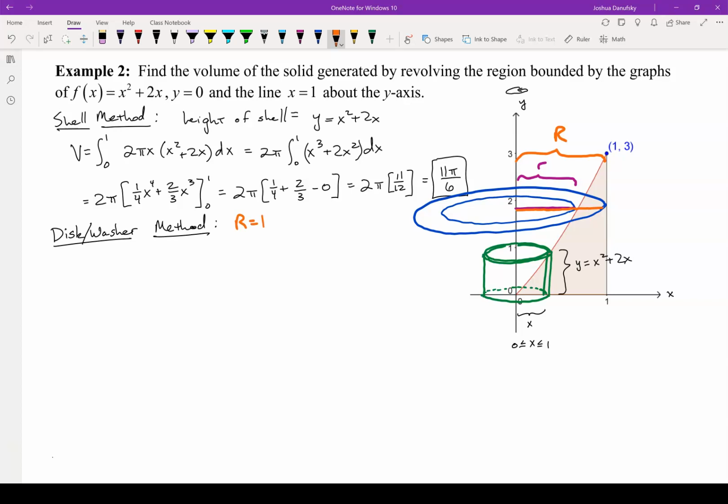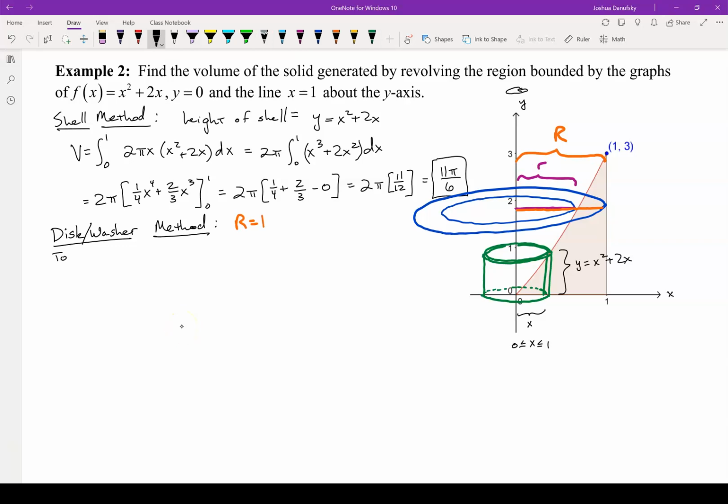Big R is always 1 because it's the distance from the y-axis to the vertical line x equals 1. But little r changes depending on which y value we have. Down here, little r is relatively small. Up here, little r is relatively big.